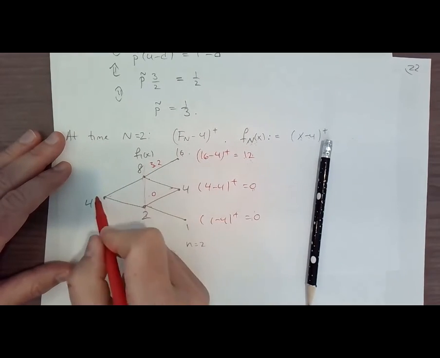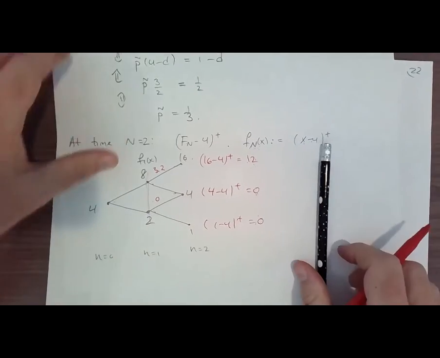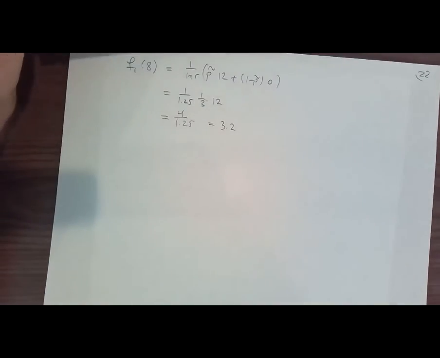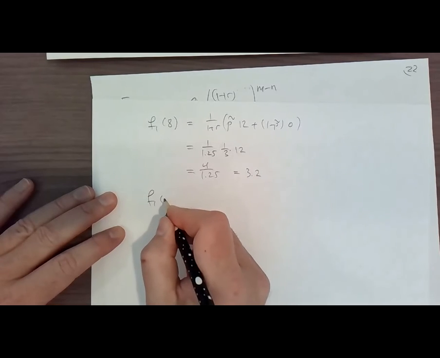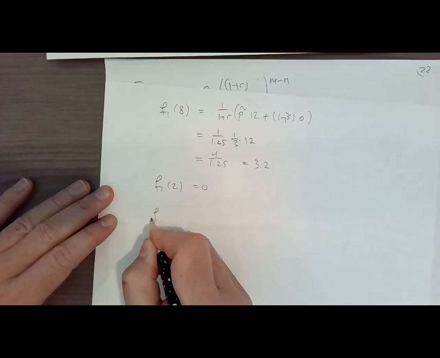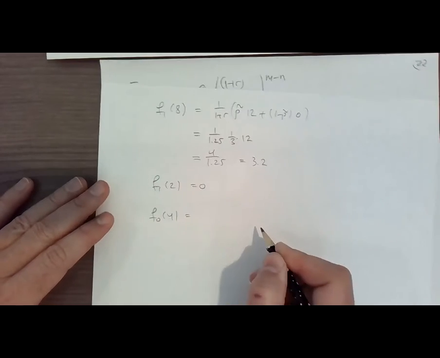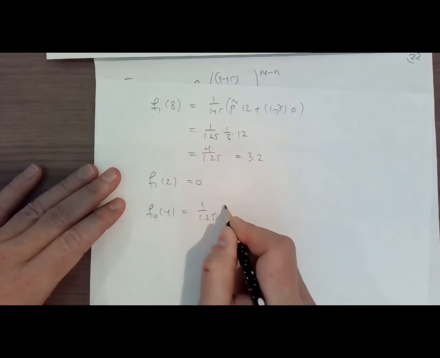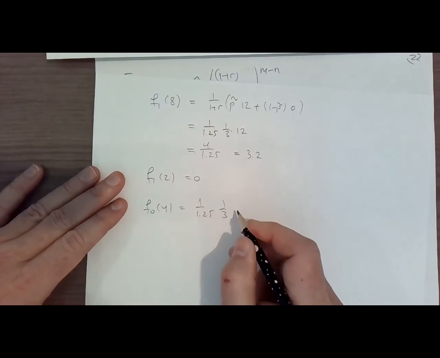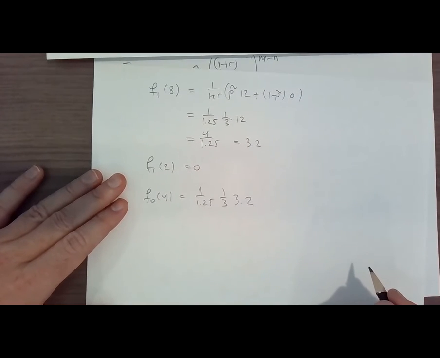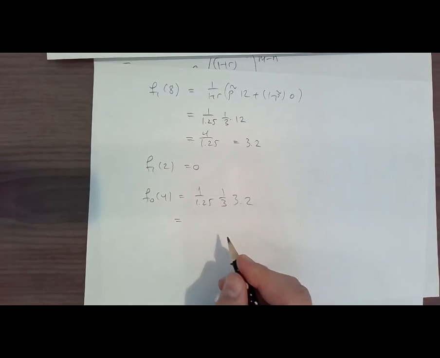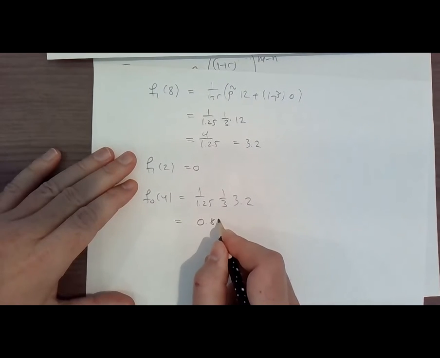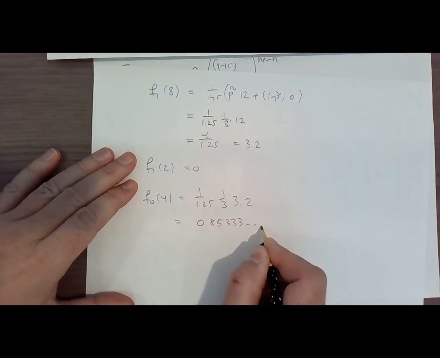And then you move these two out to f2 as well. So f1 of 2 is a 0, and then you finally get f0 of 4, it'll be 1 over 1.25, 1 over 3 times 3.2. And if I've done these numbers correctly, I get something like 0.85333.